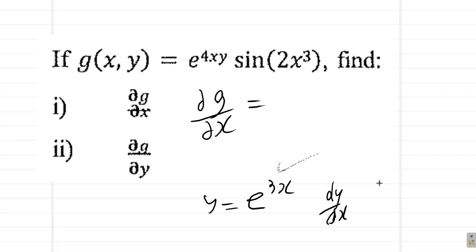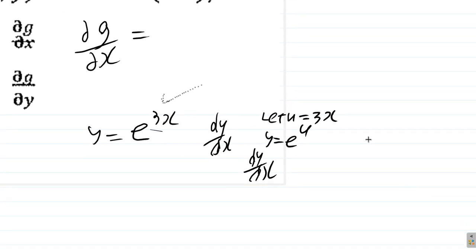The long method is to say let u equal 3x, then y is equal to e to the u, so dy by dx is equal to dy by du times du by dx.